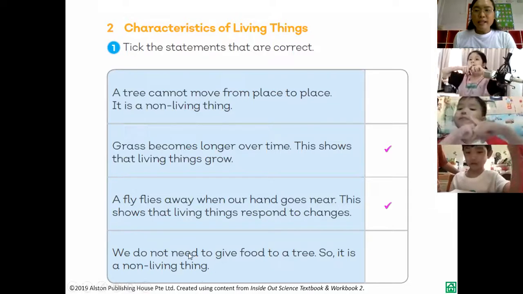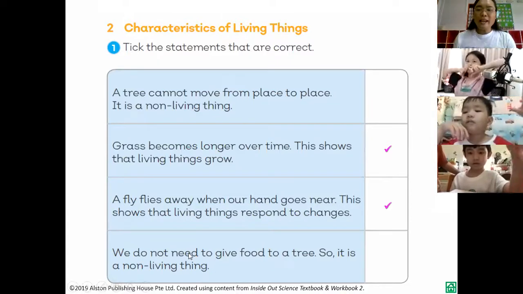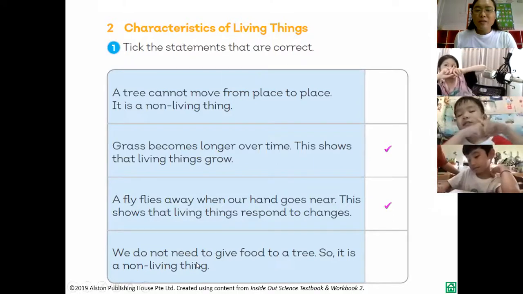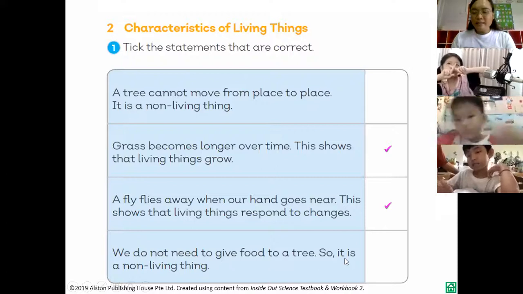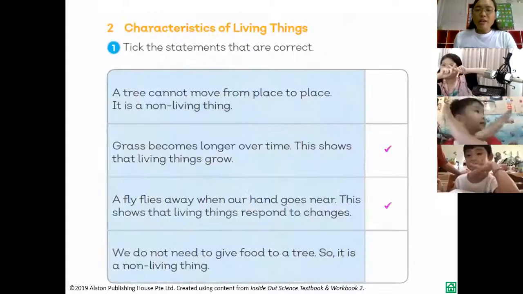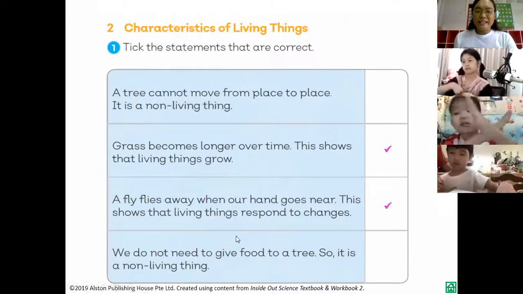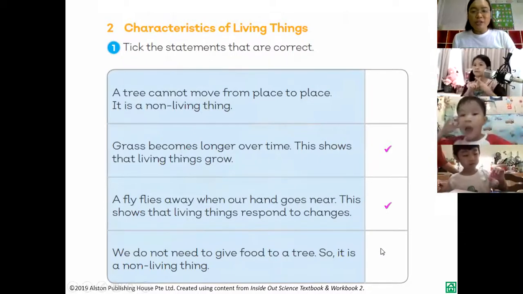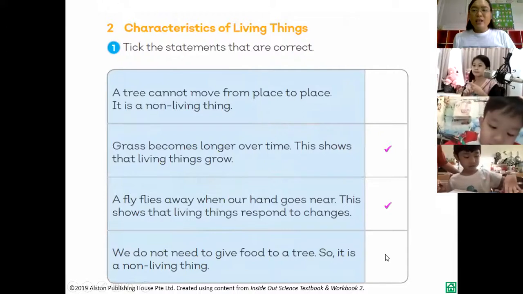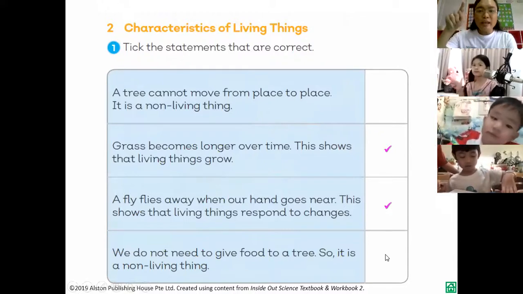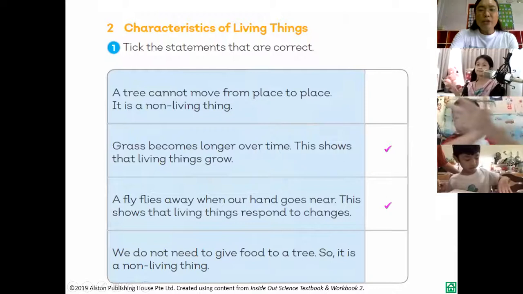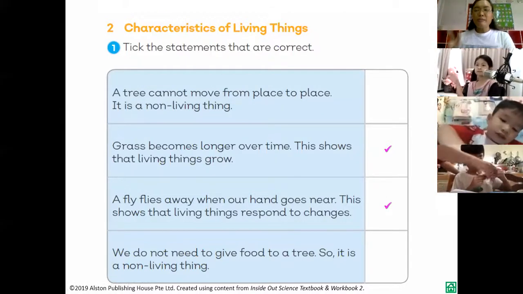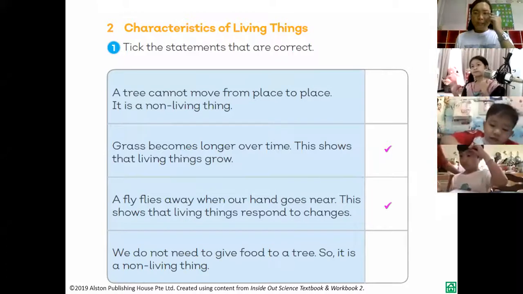Number 4, is it X or a check? So it's an X because we do not give food to a tree. So we only check number 2 and number 3.